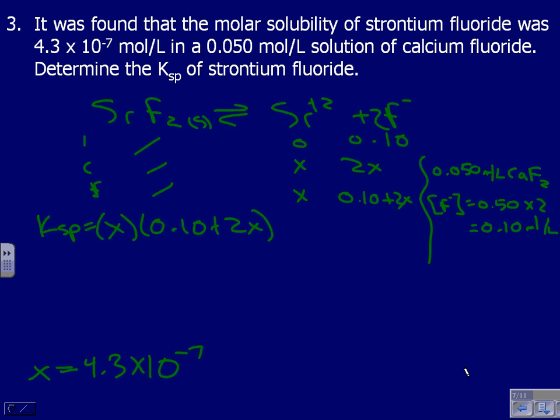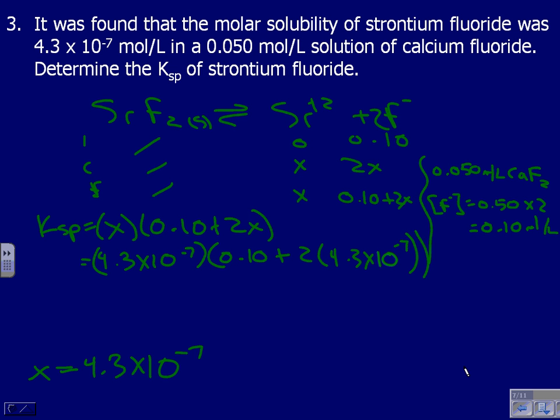Game plan at this point. What do you think, Todd? Sub in x and get your KSP. 4.3 times 10 to the minus 7, times 0.10 plus 2 times 4.3 times 10 to the minus 7.